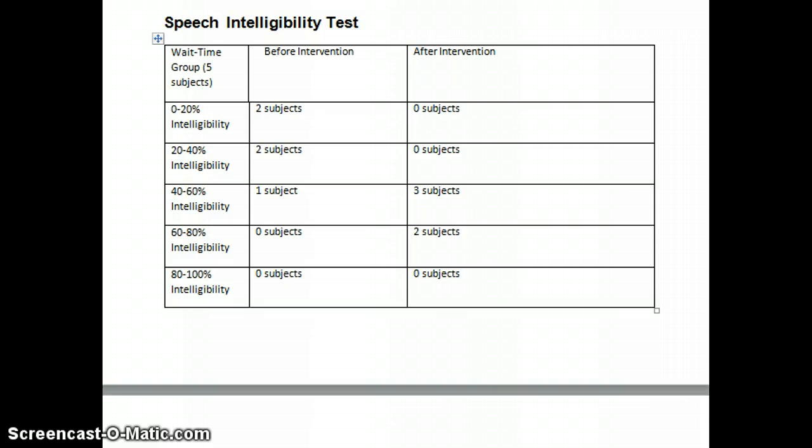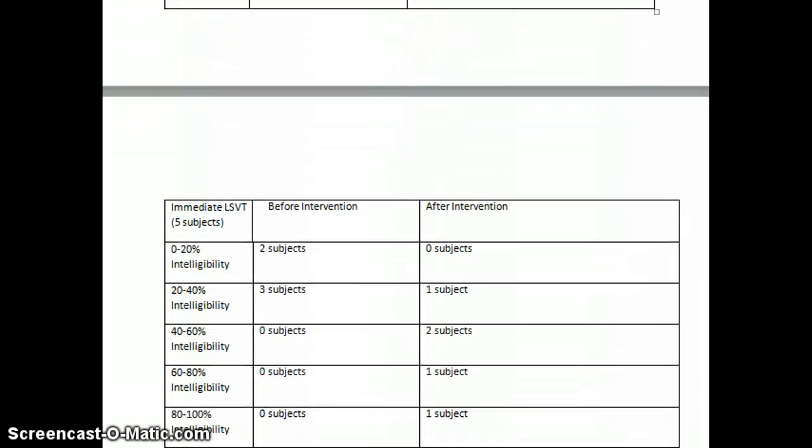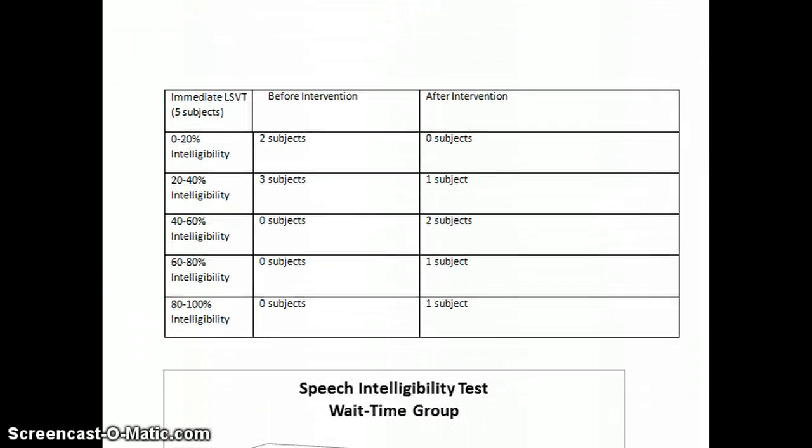Here's where you can really see that individually. And then here we have the immediate treatment group. Before intervention, there are 2 subjects in the 0 to 20% intelligibility range and 3 subjects in the 20 to 40% range. So nobody is going above 40% intelligibility in this specific group.